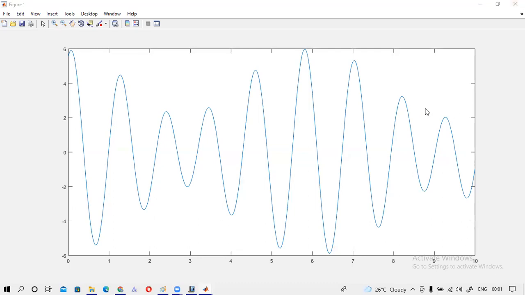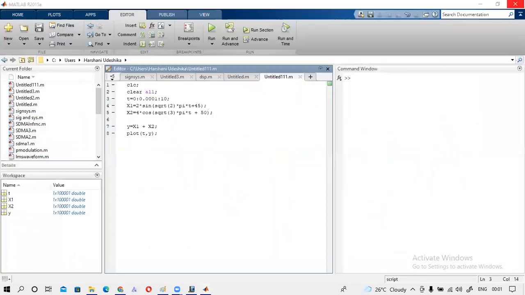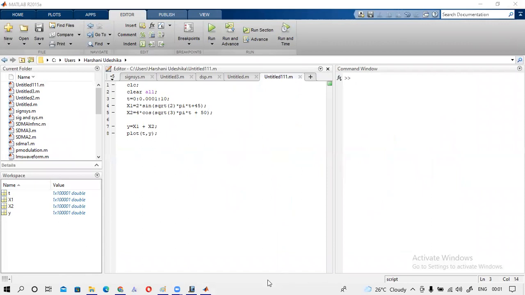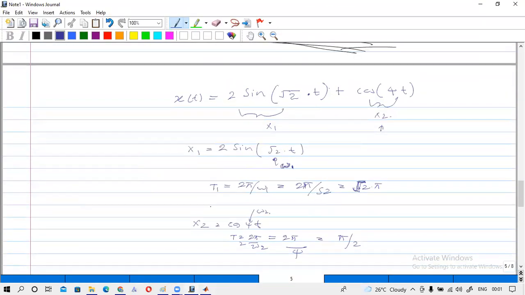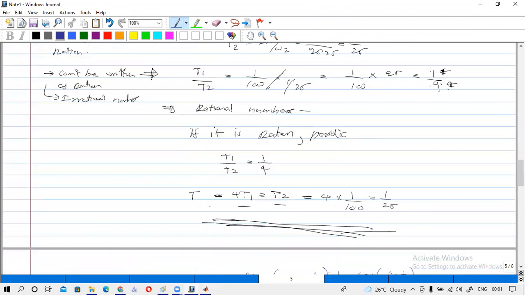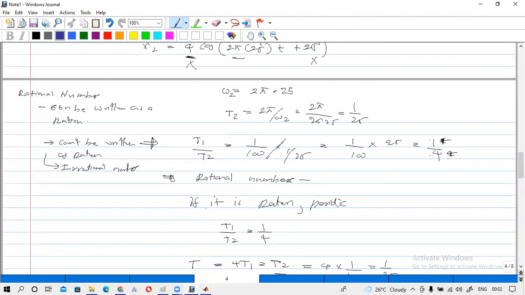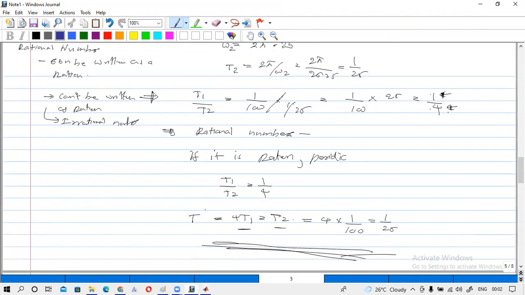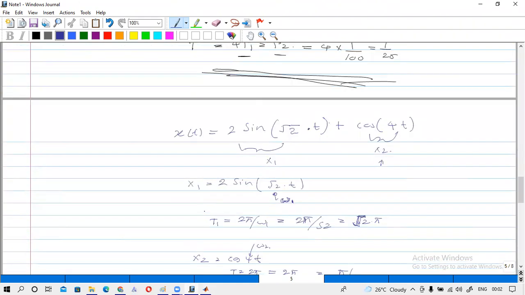I hope you have got the idea of how we can determine whether a given composite signal is periodic or not, and how to find its period if it is periodic. I hope now you can do some questions by yourself.